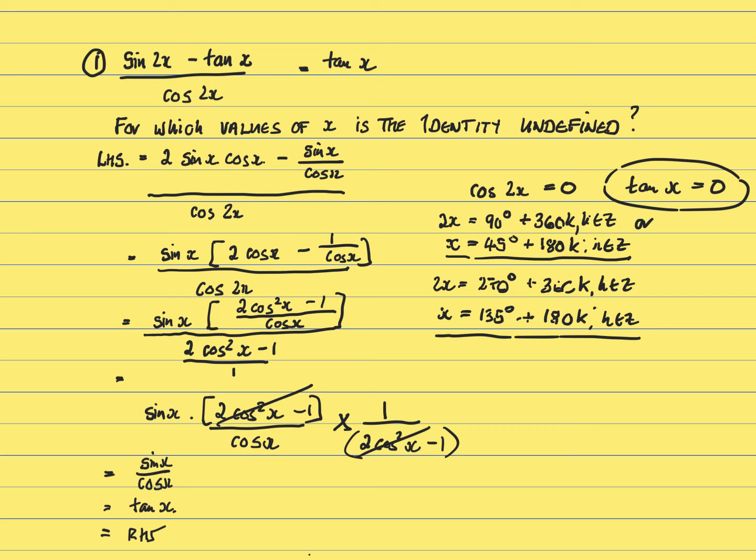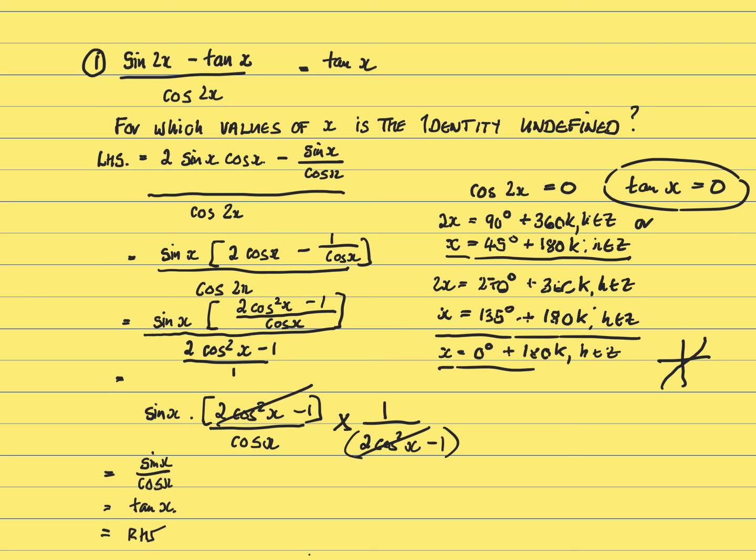Your tan graph is equal to naught when x is equal to 0 degrees, and then it repeats itself every 180 degrees. So it'd be 0 degrees plus 180k, where k is an element of integers.